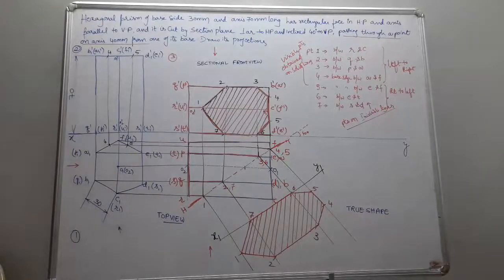Yes, in true shape. So 4, 5 are misplaced. Students, is it clear?